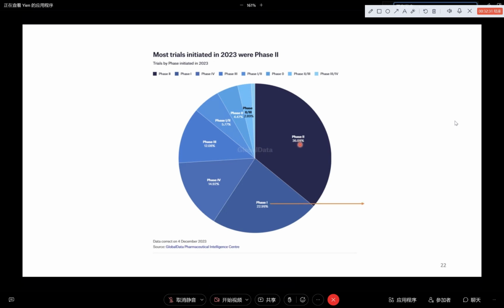The number of studies in phase 1 was about 22 to 23% of the whole clinical trials that have been started in 2023. As a number, nearly 40,000 studies have been started and are in active state, as well as the completed ones.